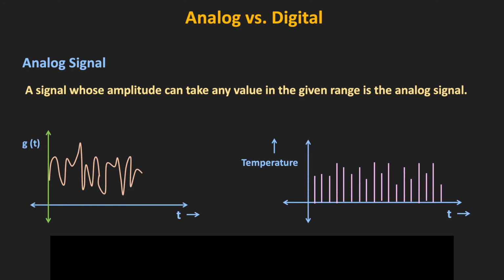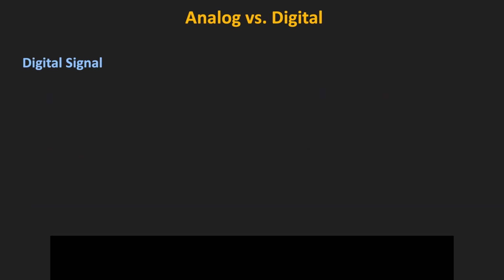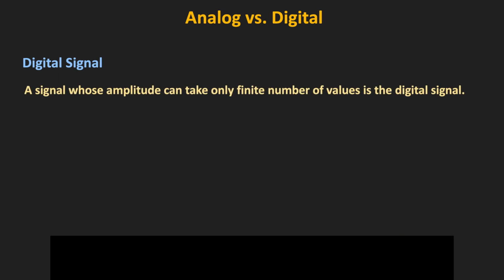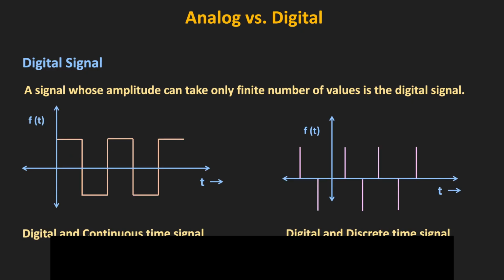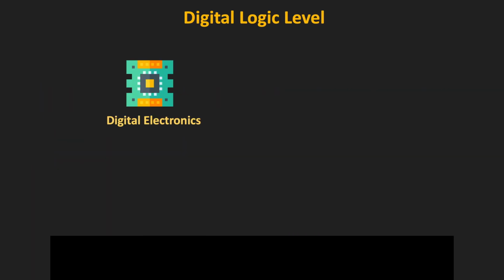On the other hand, digital signals are the ones whose amplitude can take only finite values. For example, the signal which is shown over here varies only between two values, so it is an example of a digital signal. And in the time domain, this digital signal could be continuous or discrete. Virtually all the modern digital circuits which we know work on two voltage levels.